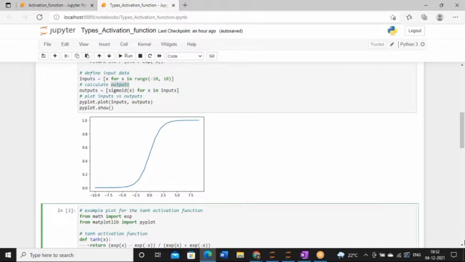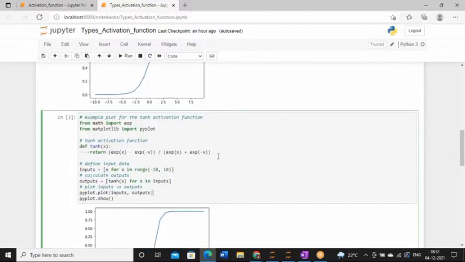Whenever you are dealing with the hyperbolic tanh function, this function will take any real value as input and output a value which ranges between -1 and 1. Whenever I was talking about the sigmoid function, it was ranging between 0 and 1. But here the range is -1 to 1.